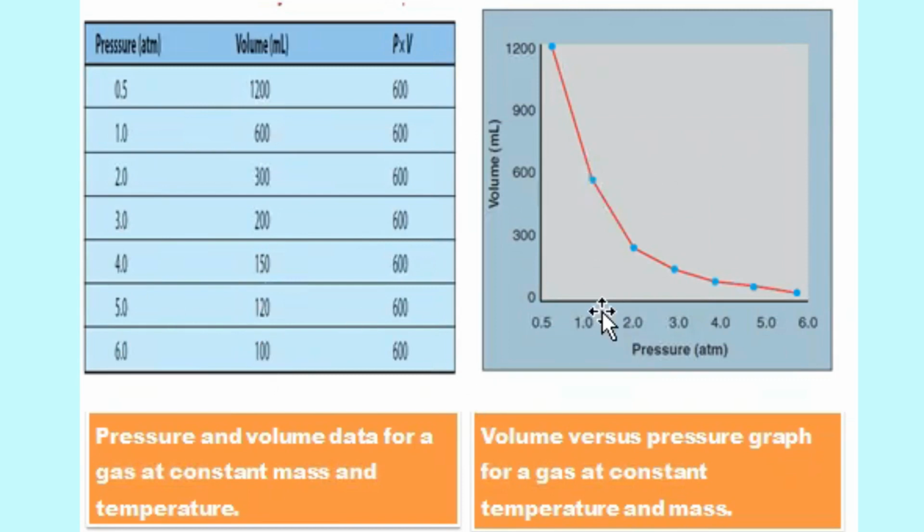Okay, and it is graphically represented as a volume versus pressure graph for a gas at constant temperature and amount of gas. Okay, inverse relationship. This indicates the highest volume, the lowest pressure, and the highest pressure, the lowest the volume becomes.